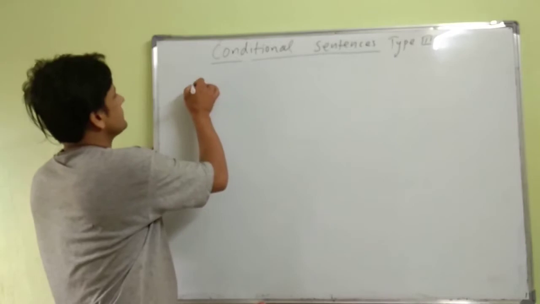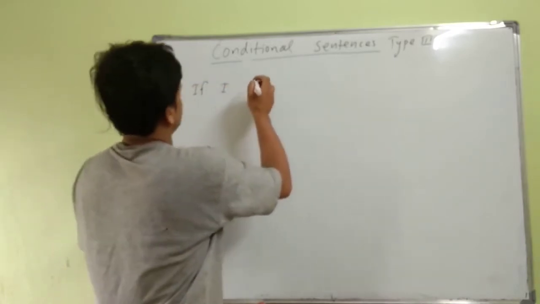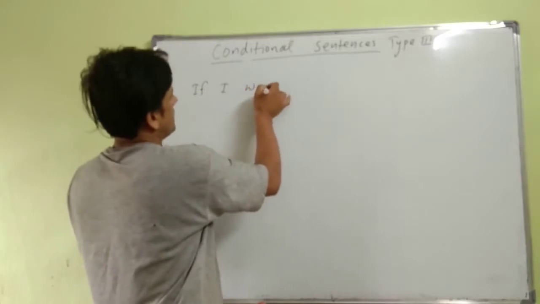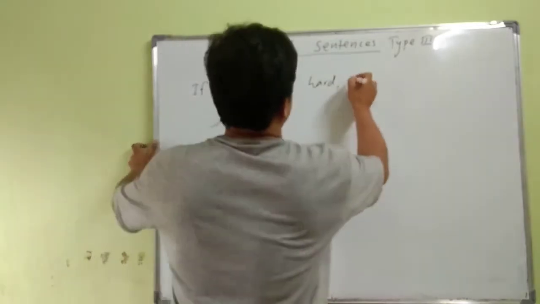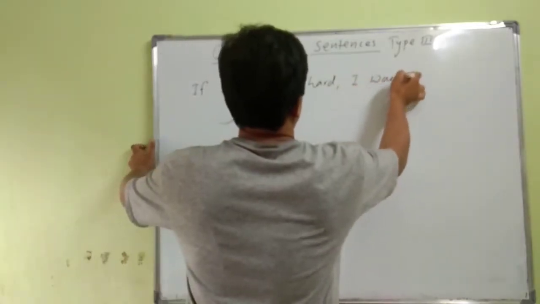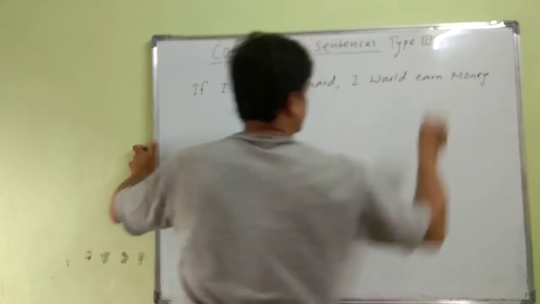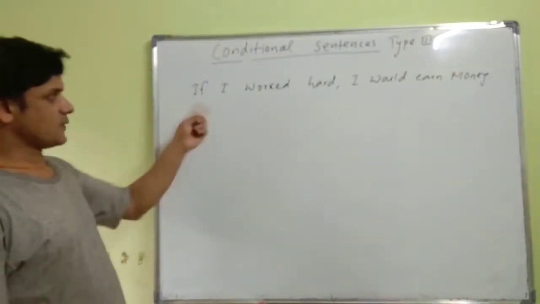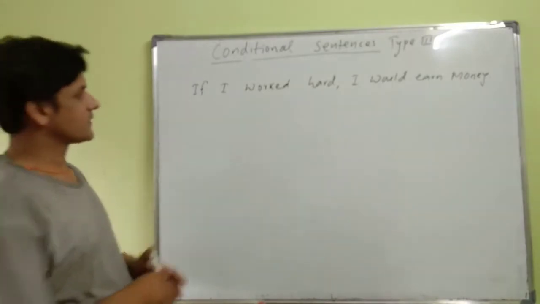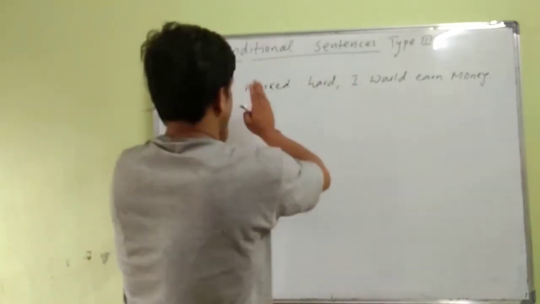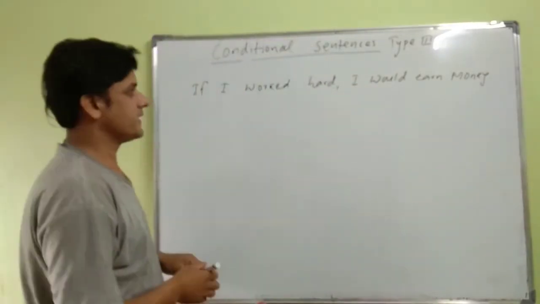Well, if I worked hard, I would earn money. Yes, this is what we have written in conditional sentence type 2: the condition clause, the subordinate clause, the if clause, and the main clause.